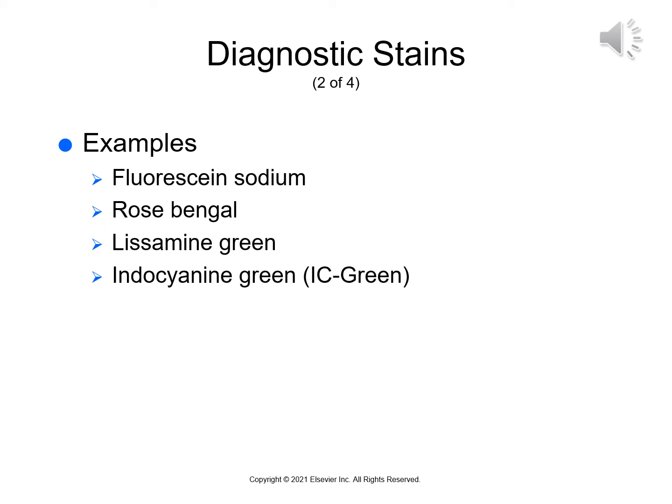So again, here are some examples of the ophthalmic dyes. Ophthalmic dyes are instilled topically to diagnose abnormalities of the cornea and conjunctival epithelium or to locate foreign bodies. Dyes may also be used to observe the flow of aqueous humor or to demonstrate lacrimal system function.